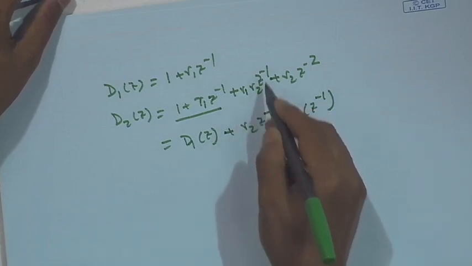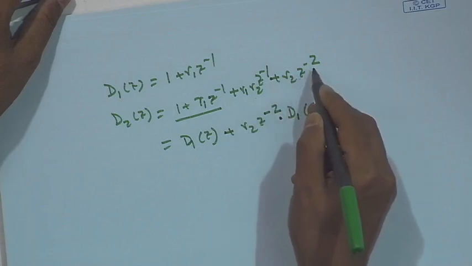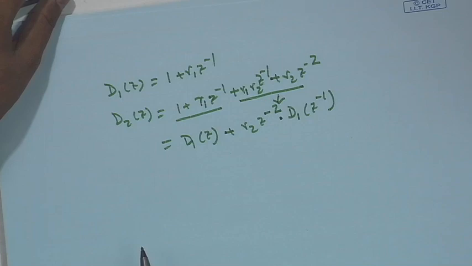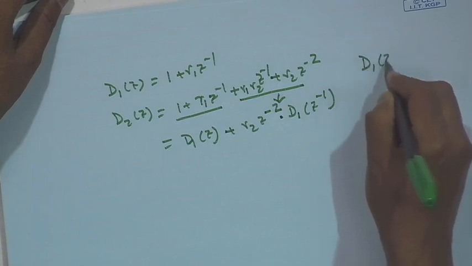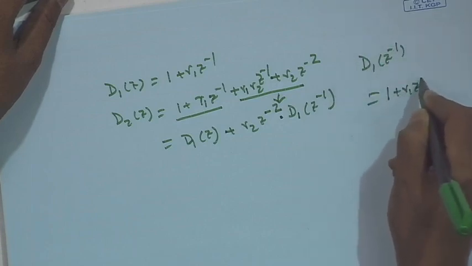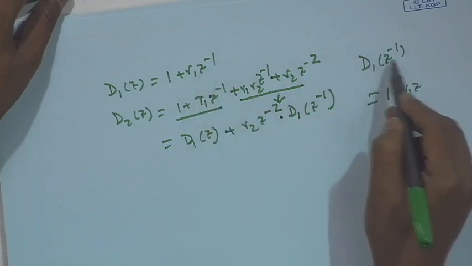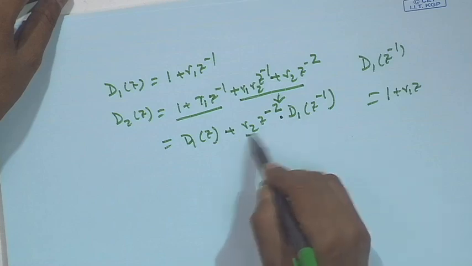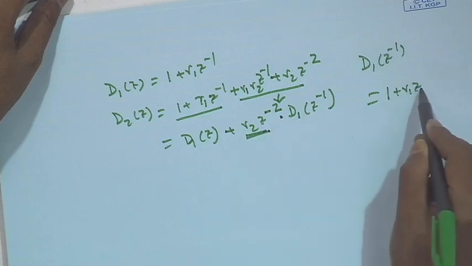The term R1 R2 z to the power minus 1 plus R2 z to the power minus 2 can be written as R2 z to the power minus 2 into d1 of z to the power minus 1, because d1 of z to the power minus 1 will be 1 plus R1 z, with z instead of z to the power minus 1.